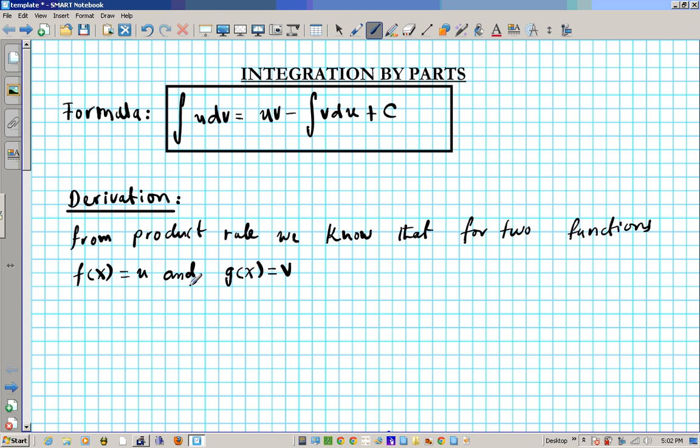I like to use these letters because it's easier to work with and it's consistent with what I want to derive.